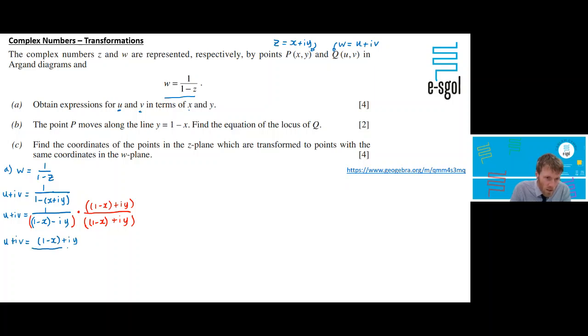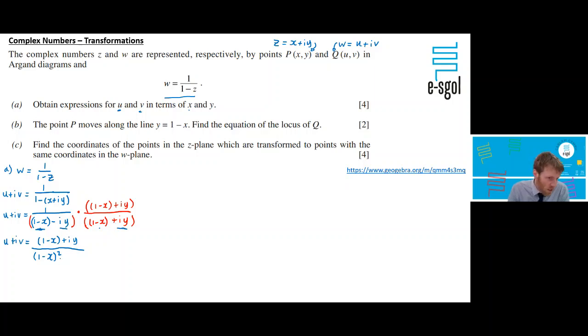The denominator, so I'm looking at these two bits multiplied together. That's giving me 1 minus x squared. It feels like it's going to get quite horrible when I try to multiply this bit here by this bit and vice versa. But the whole point of multiplying by the conjugate is that those bits are going to cancel each other out. So really, I'm only interested in multiplying the minus iy by the positive iy here.